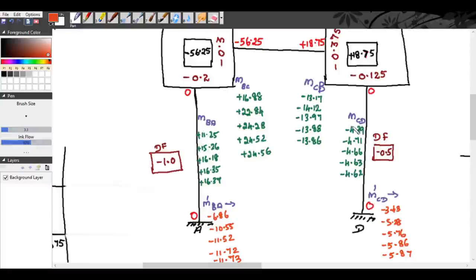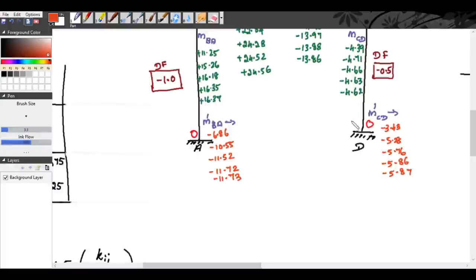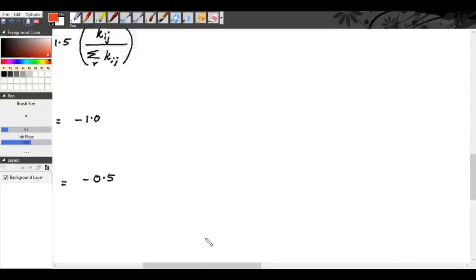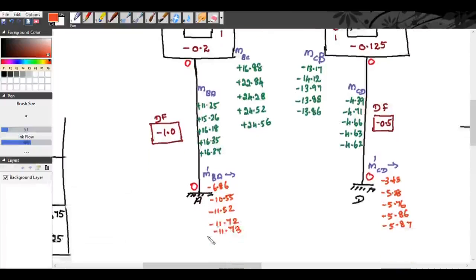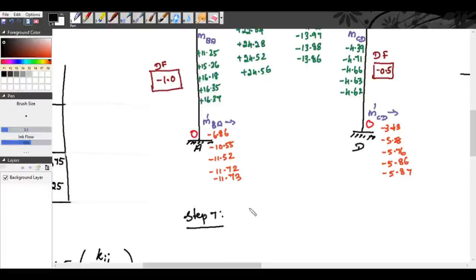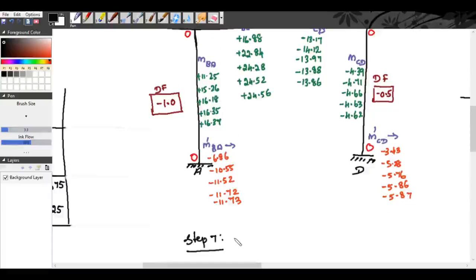Now, the final values for the rotational contributions and displacement contributions. So we have completed step 6, right? See, step 7, you can write the values of your rotational contributions and displacement contributions. That is MBA.